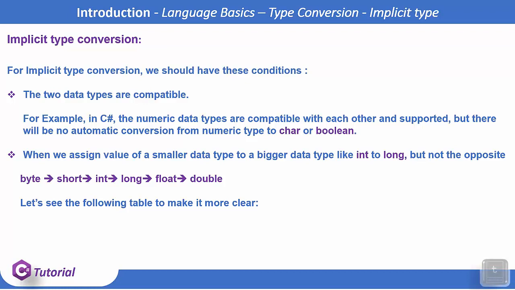Then if you want to convert from short, the next ones will be int, long, float, double. Then integer: long, float, double. Then long: float, double. Then float: double. So the conversion will be from smaller to higher, as we can see in the next table.